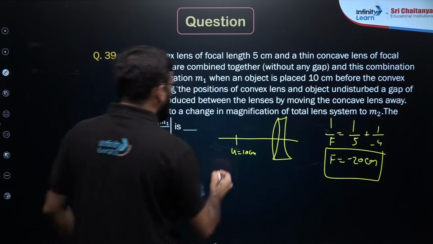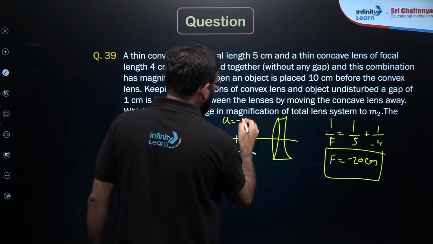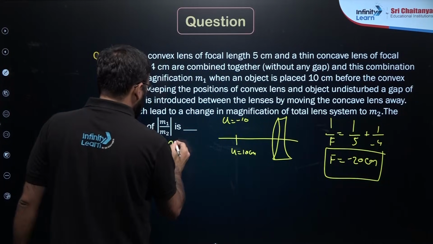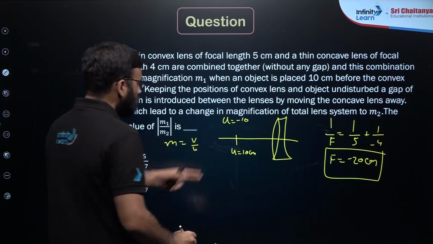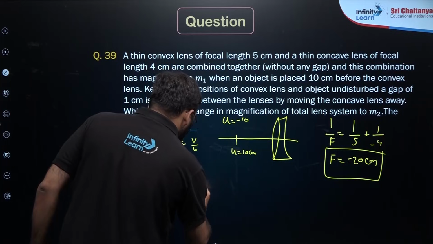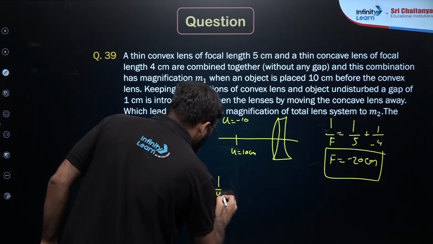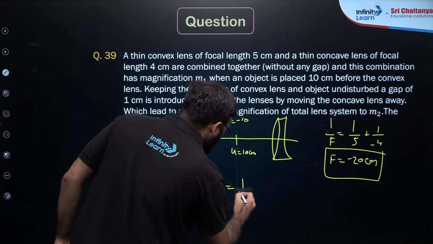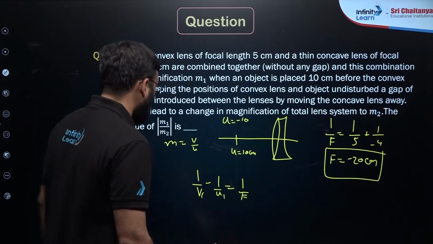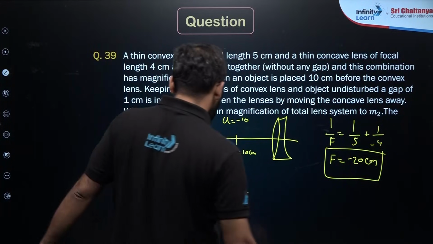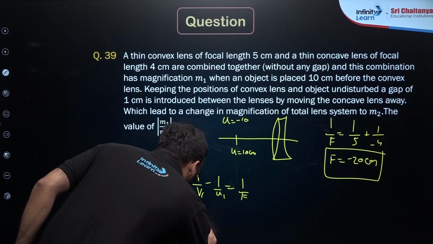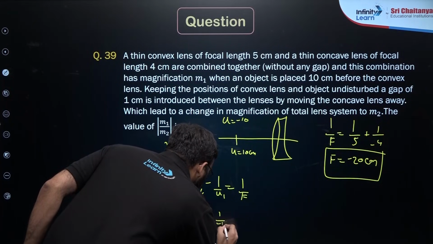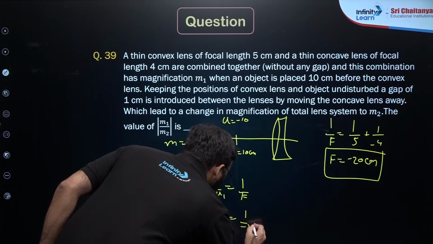So position u equals to minus 10. What is my magnification? M equals to V upon U. So I am using the lens formula, 1 upon V1 minus 1 upon U1 equals to 1 upon F. So 1 upon U1 is minus 10, and 1 upon V1... this one you can solve.